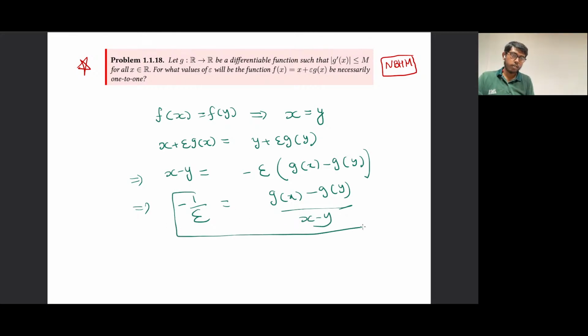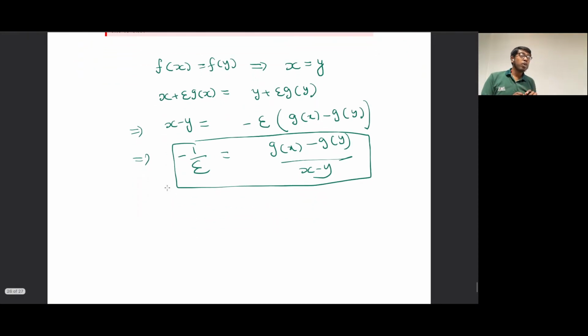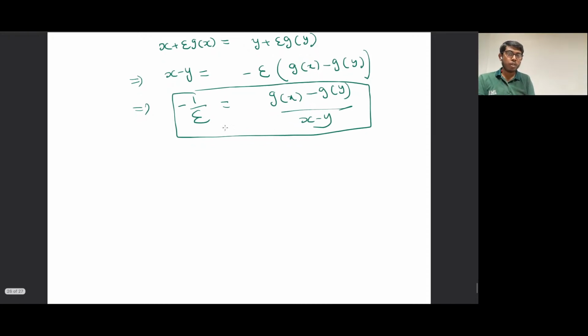Now we are assuming that f is an injective function, which means that x and y have to be the same.